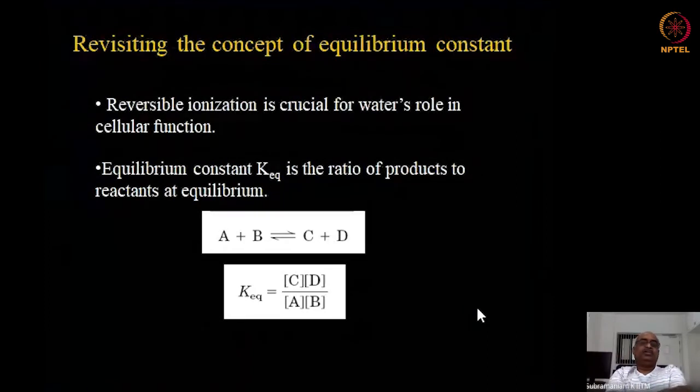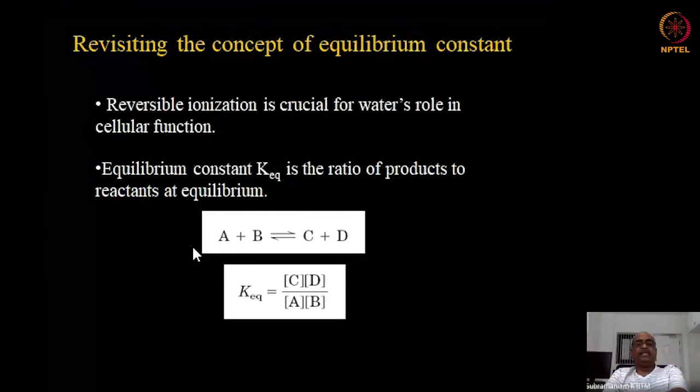So we continue on this weak ionization of water, and to proceed further, let us recollect our memory of the equilibrium constant. I'm sure you have learned this a long time ago. If A plus B react and produce products C plus D in a reversible reaction, where C plus D can also give rise to A plus B, then you will write the rate equation.